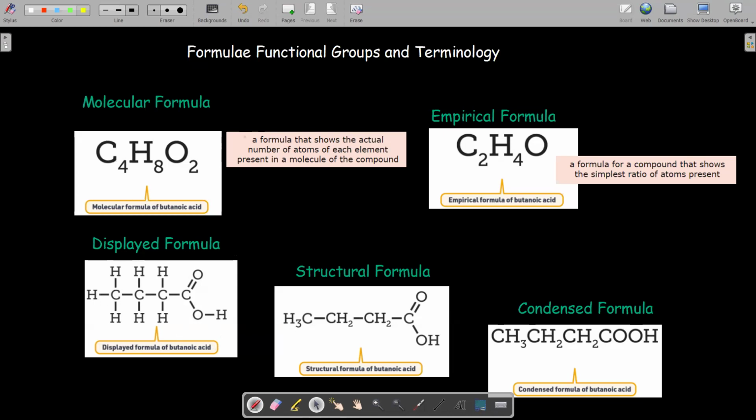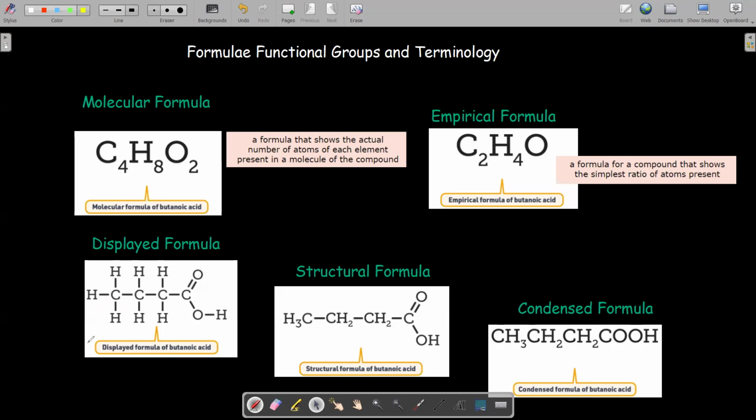Can you see the bonds here? Okay, let me use the annotate because it's easier to edit later. So here you see, these are the bonds. So it clearly shows all these bonds. The displayed formula shows this.